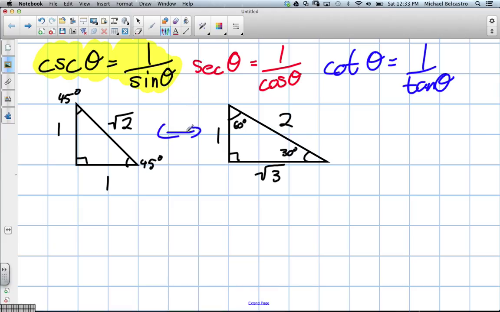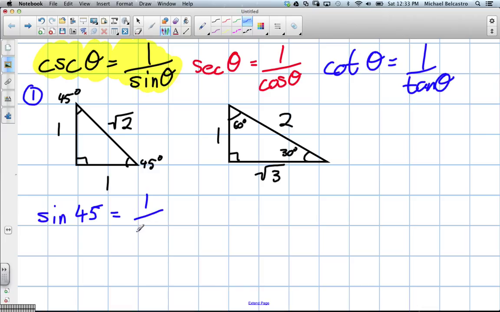So we're actually just going to use our basic primary trig ratios and their inverses and get used to setting up the ratios of them. So let's say we're talking about, we'll call this the first one. If I was setting up sine of 45 degrees, okay, what would that ratio be equal to? 1 over root 2. Yeah. And does the other angle change?